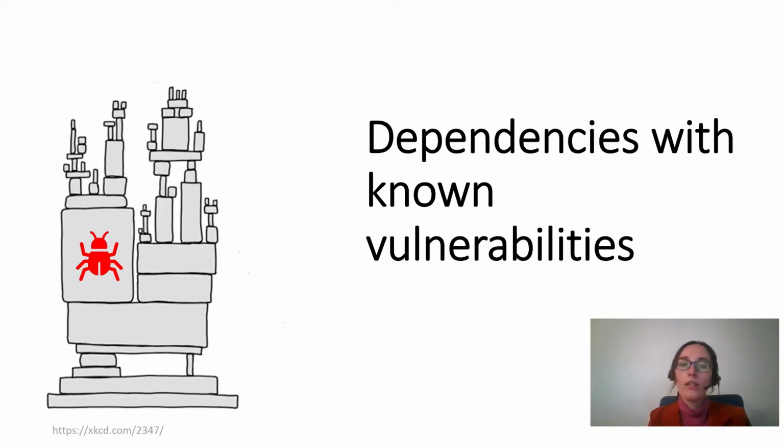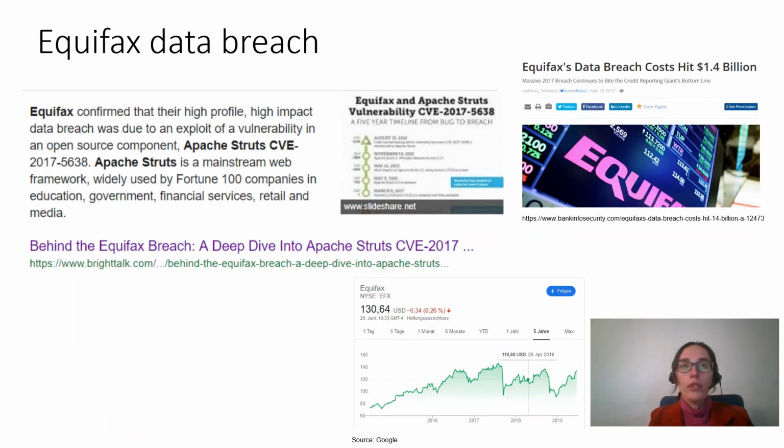Still, there are some prominent examples showing that publicly known vulnerabilities are exploited. And the most famous, I would say, is the Equifax data breach. This happened in 2017, when the personal information of almost 150,000 people was stolen, including social security numbers, birth dates, addresses, and the like.